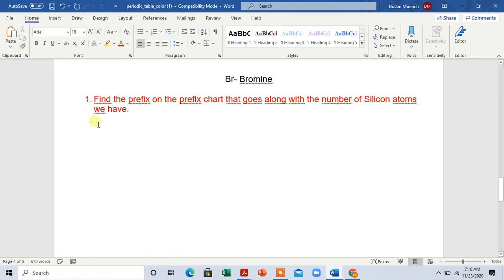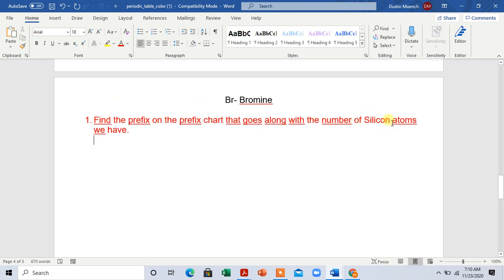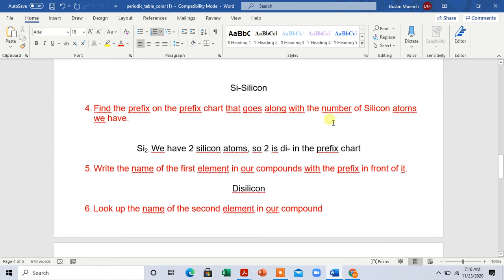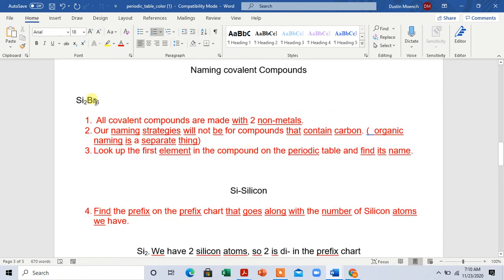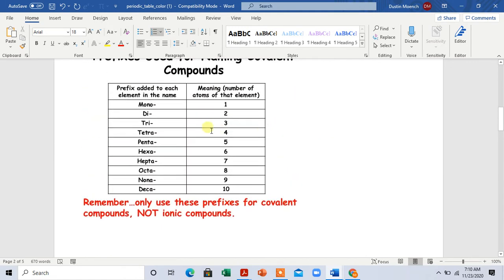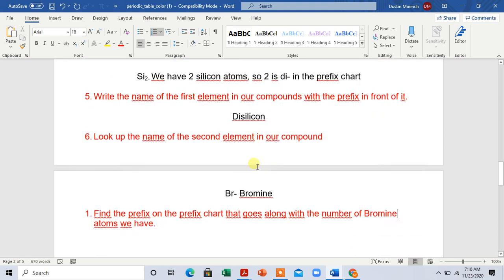Find the prefix on the prefix chart that goes with the number of bromine atoms we have. So we have 6 bromine atoms. On our chart, that is hexa.